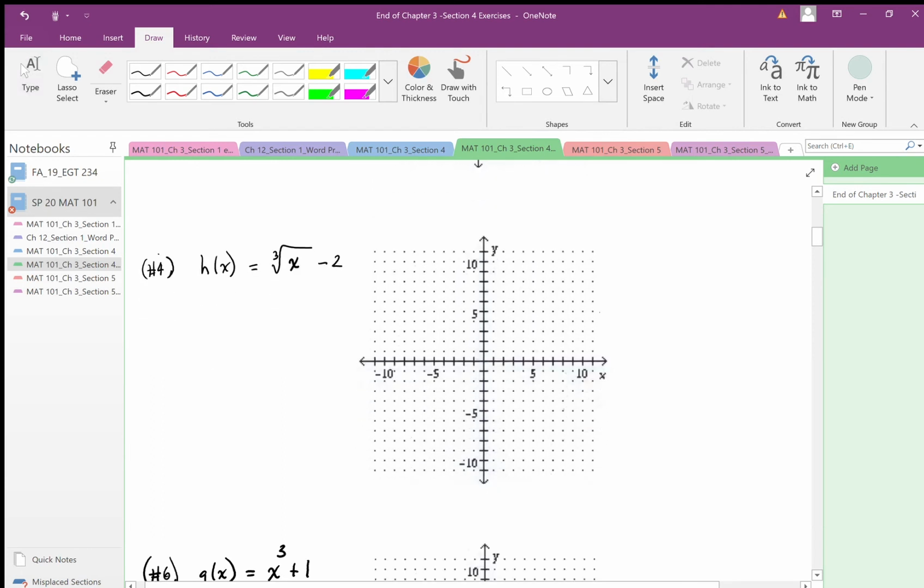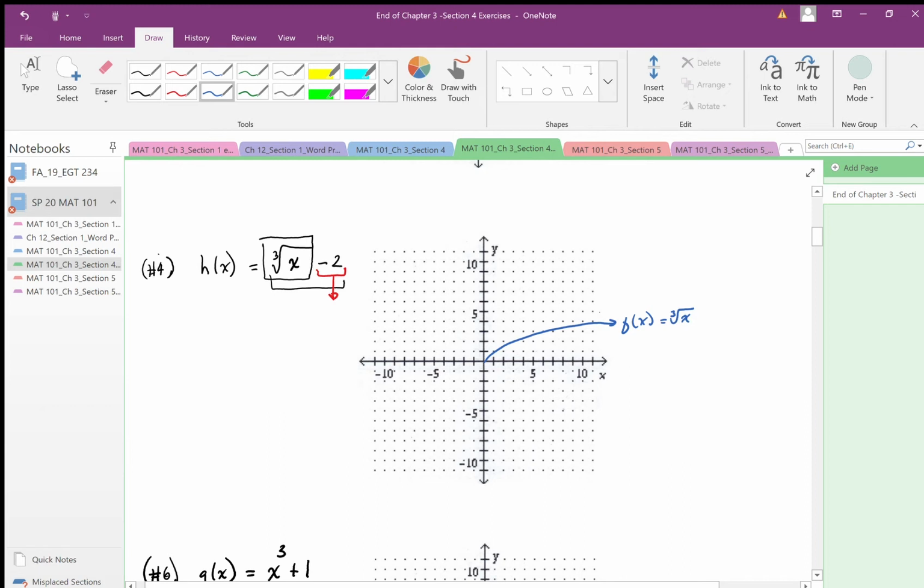The next one, the cube root of x minus 2. Again, when you have this kind of formation, it lets us know this is the parent, the basic function, and then we're going to shift it vertically down by 2. It's going to look something similar to this. This is f of x equals the cube root of x.